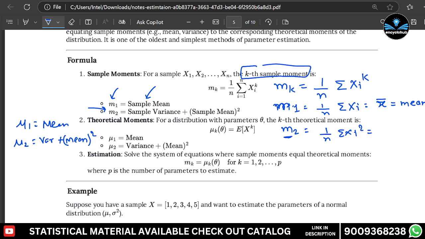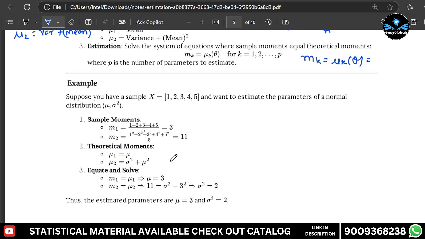And the third step is estimation. Estimation is to solve this system of equations where sample moments equal theoretical moments, that is, mk equal to mu k of theta. So here we are equating the two different moments, sample moments and theoretical moments.